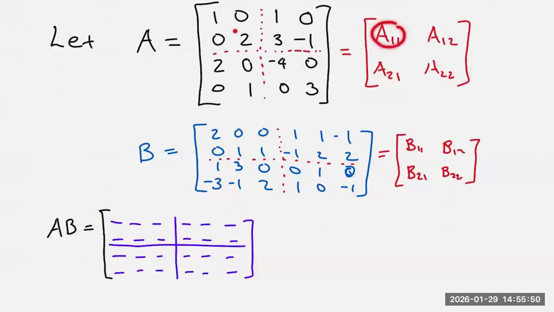Let me go back to the basics so you guys can remember to do it. First row by first column. That's it. Focus on this alone: 1 times 2 plus 2 times 0. And then in the middle, 1 times 0 plus 0 times 1. This by this.